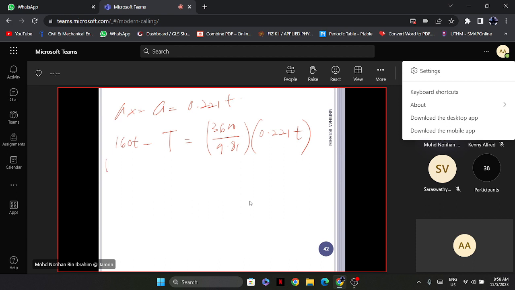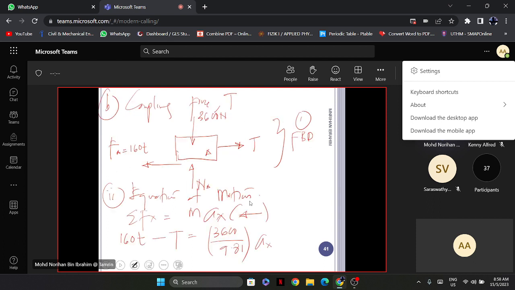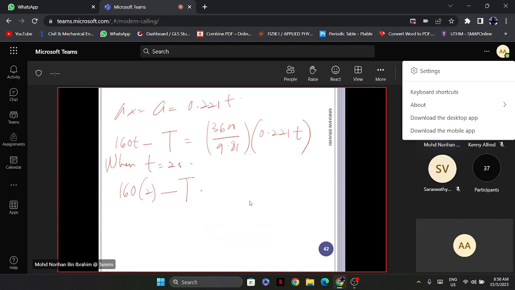And when t is equal to 2 seconds, 160 multiplied with 2 seconds minus T, capital letter, which represents the coupling force T, is equal to 3600 divided by 9.81 multiplied with 0.221 where t is equal to 2 seconds.